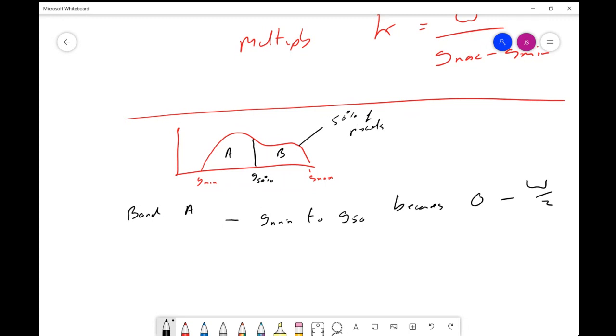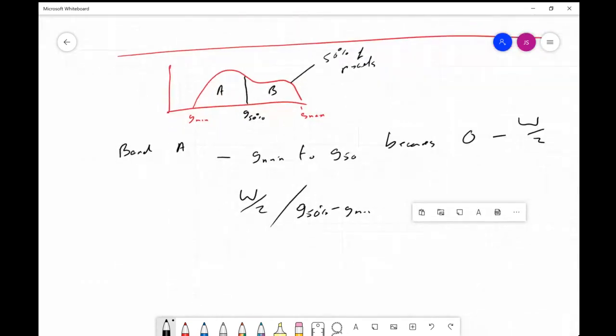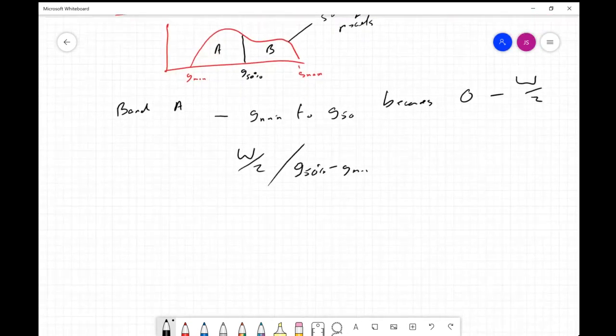You then expand so that the band goes to W over 2, which will be an intensity multiply, and the multiplication factor will be W over 2 divided by G 50% minus G min. And that will shift G min to G 50% to 0 to W over 2. That's straightforward. That's really just normalization over half the histogram.